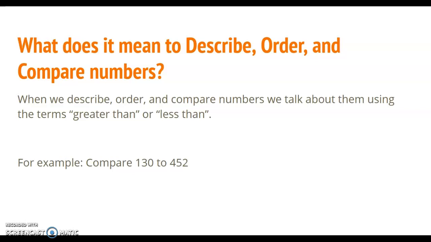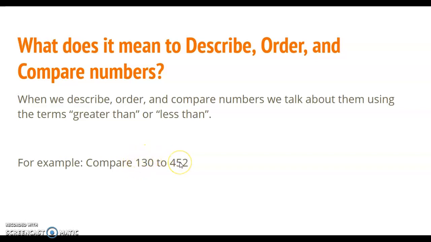For example, if you needed to compare 130 to 452, you'd have to think about these two numbers. Well, I know that this number is larger because in this number there are 4 hundreds, and in this number there's only 1 hundred.